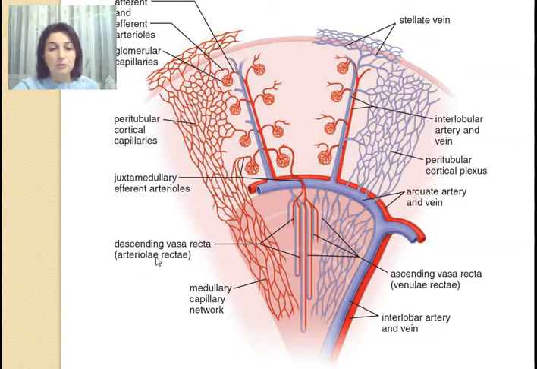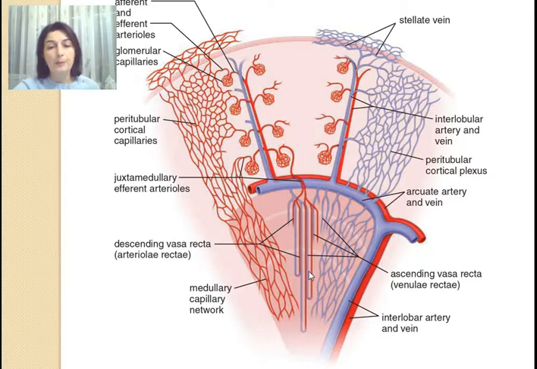Arteriole recti, as we see here, descend straight towards the deep layers of the medulla. Then they form a hairpin turn, and then continue into the venule recti, as we see here.